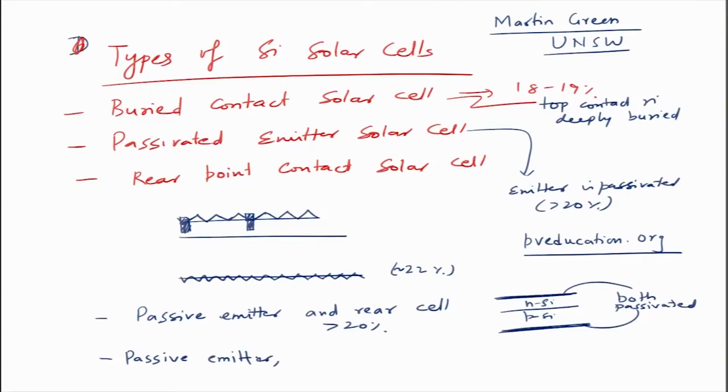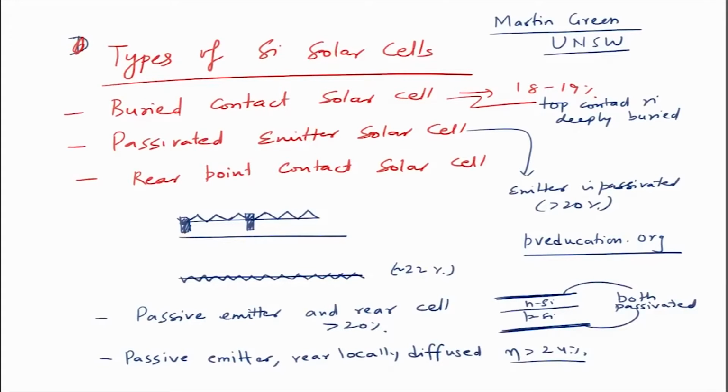You can see that common theme is passivation of emitter. Passivation of emitter is very important because the light comes from the top, and N side is thinner. As a result, recombination there is extremely important, surface recombination, and rear locally diffused. This has efficiency of more than 24%.